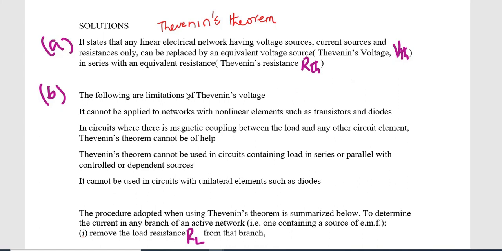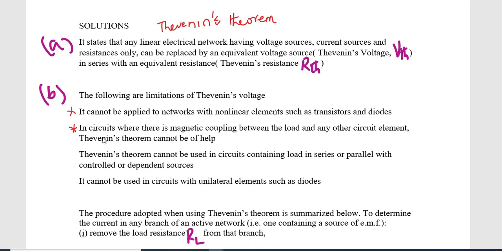Part B asks for the limitations of Thevenin's theorem. Answer number 1, it cannot be applied to networks with nonlinear elements such as transistors and diodes. Analyzing a circuit with transistors and diodes is not easy with Thevenin's theorem.